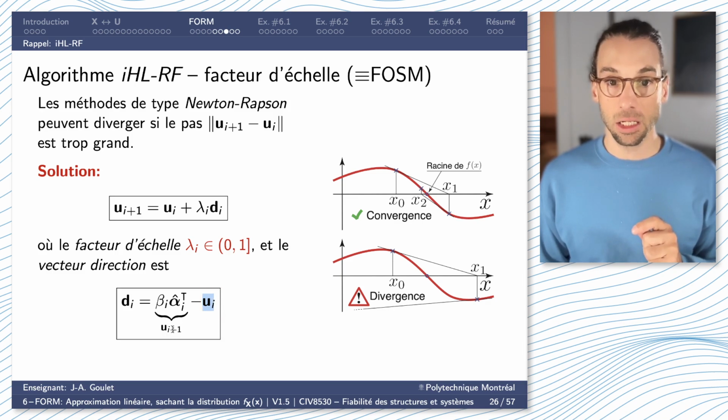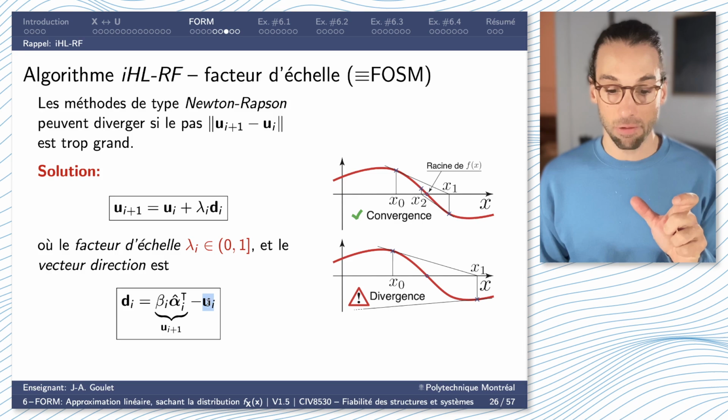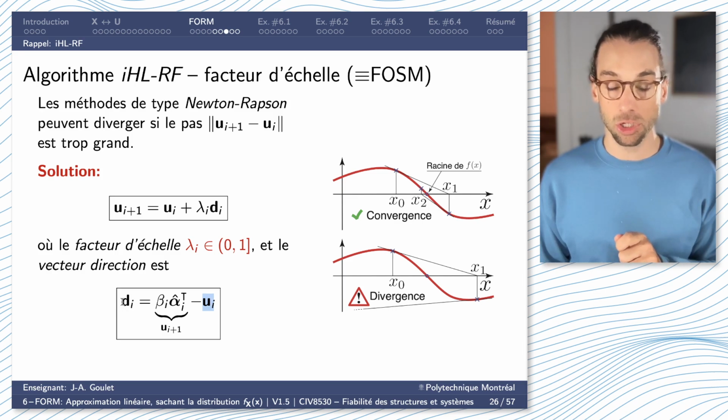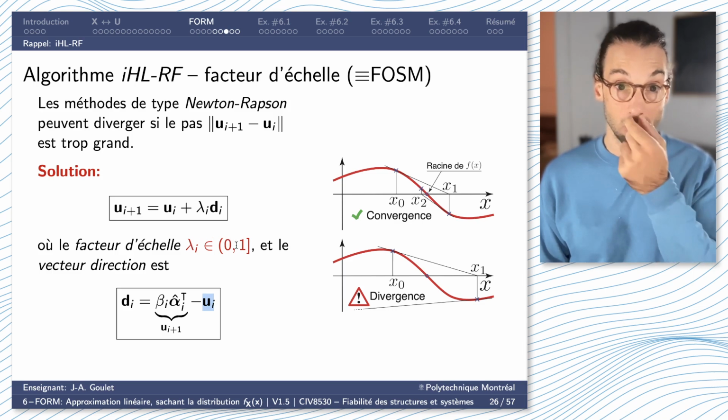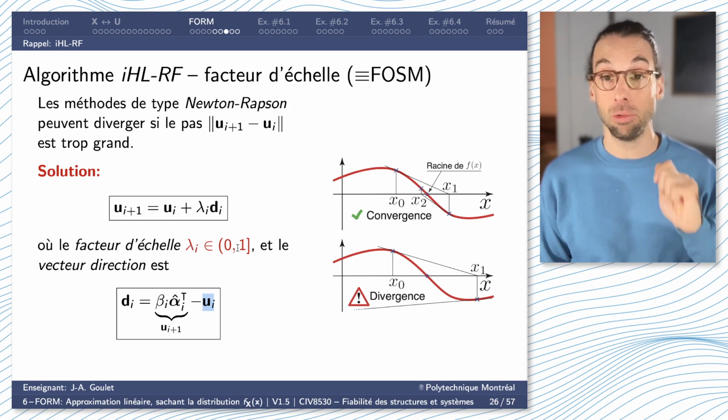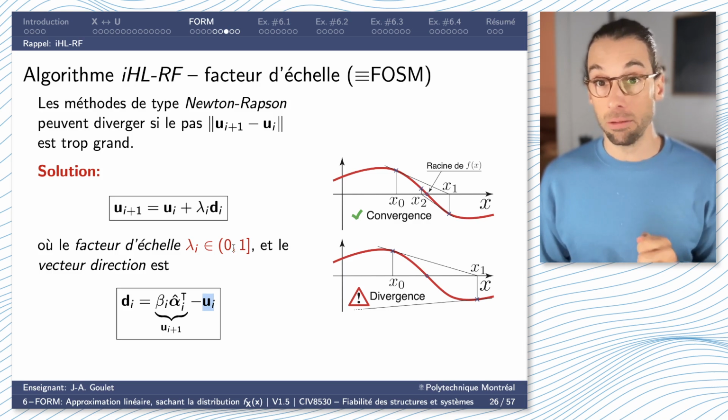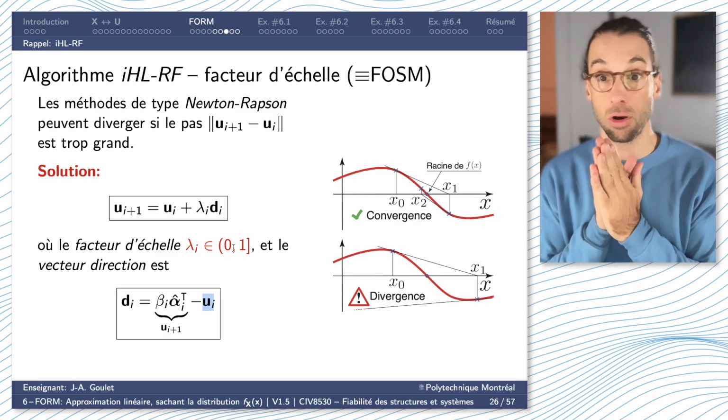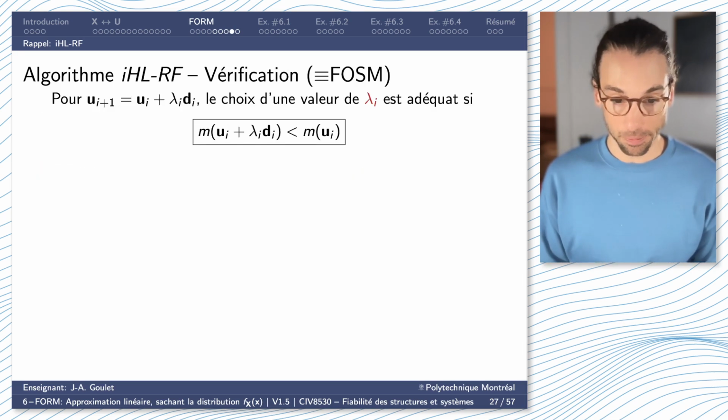So if I take the difference between two successive linearization points, the one suggested by the product of beta times alpha and the current one, this is going to be my search direction. And lambda, my scaling factor, can be between 0 and 1. 1 means that I directly accept to move to the proposed point. 0 means I want to stay where I'm currently at.